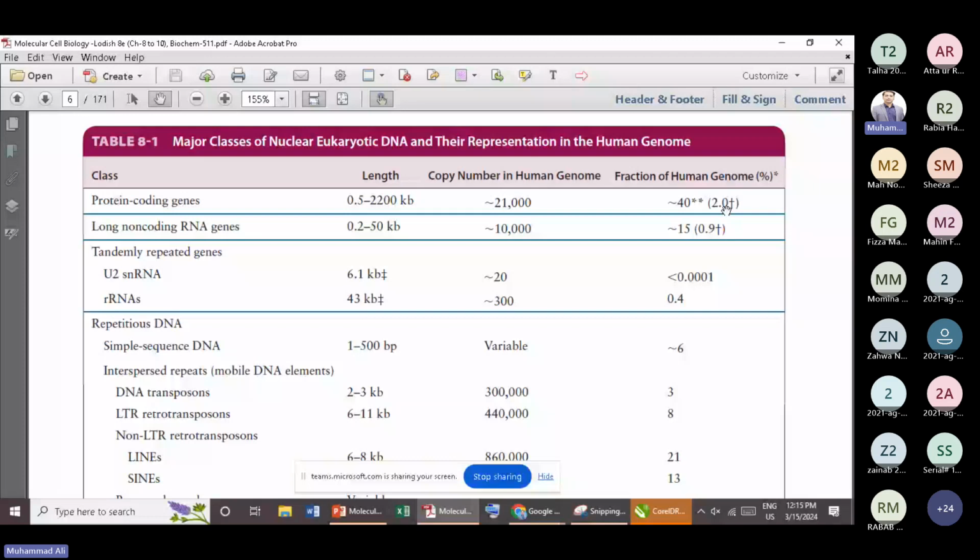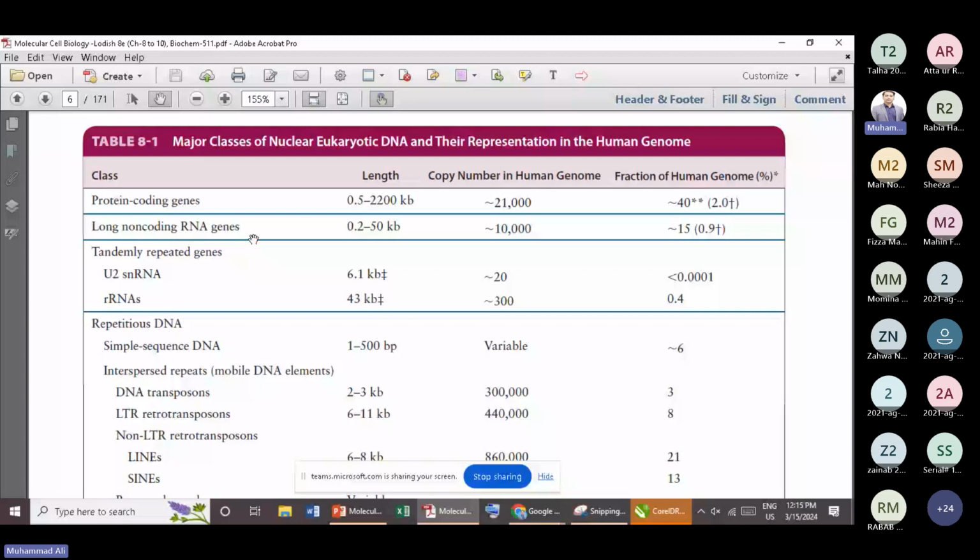But it is believed that the junk region, the region of human DNA that is not making any functional product, may be involved in the regulation of the rest of the DNA. Long non-coding RNAs may be 0.5 to 50 kb long.